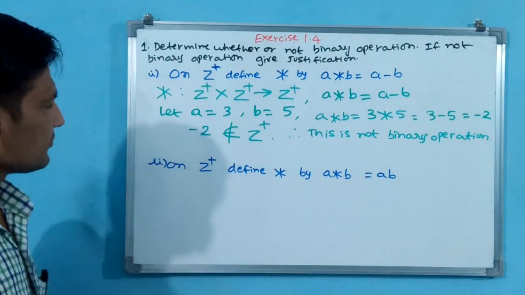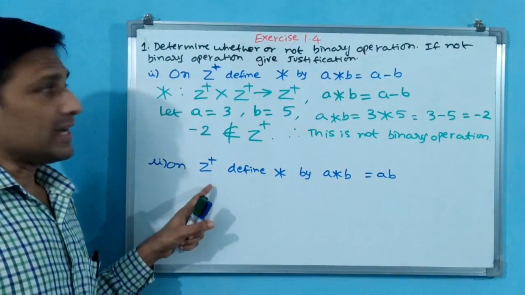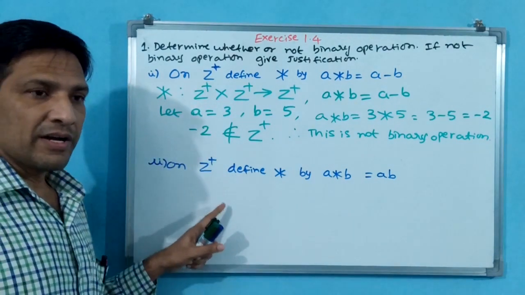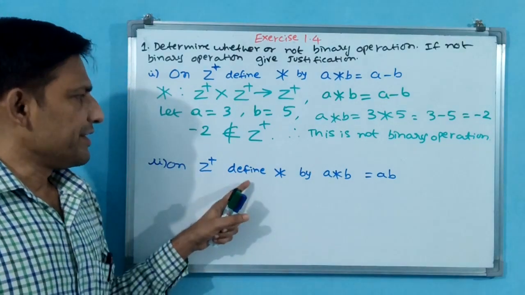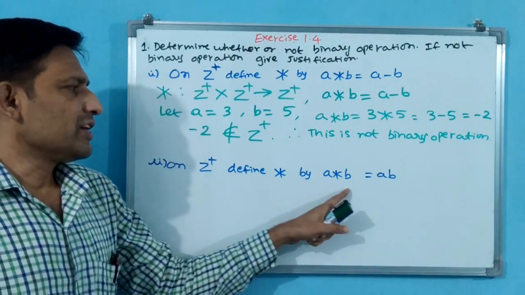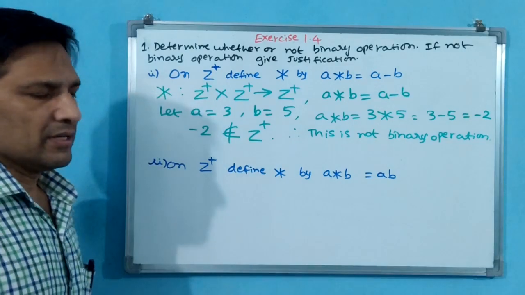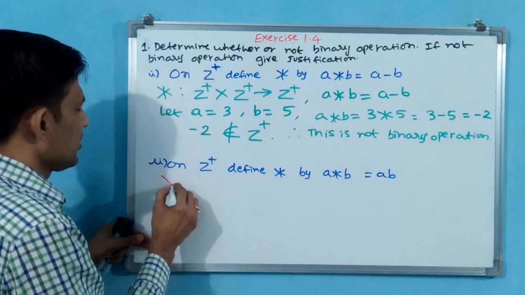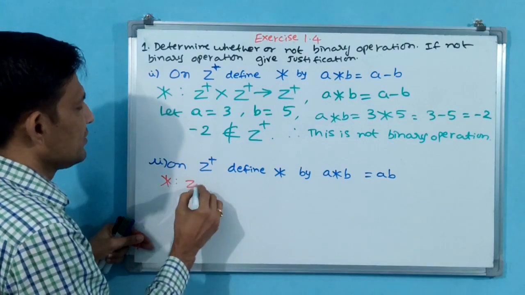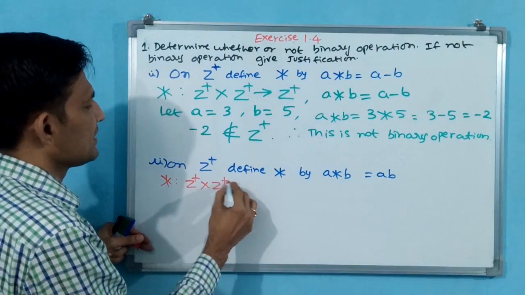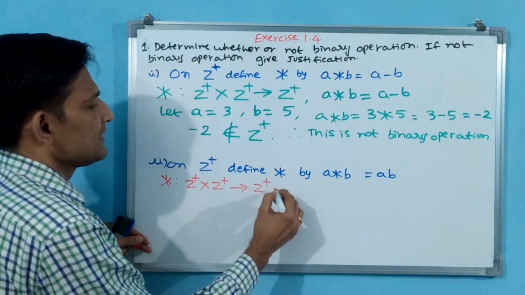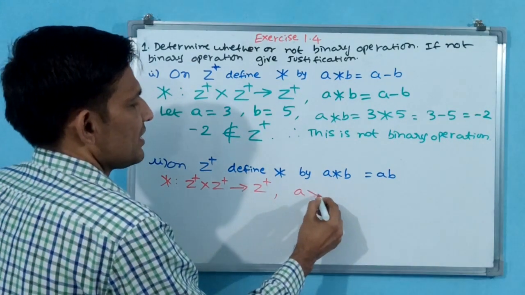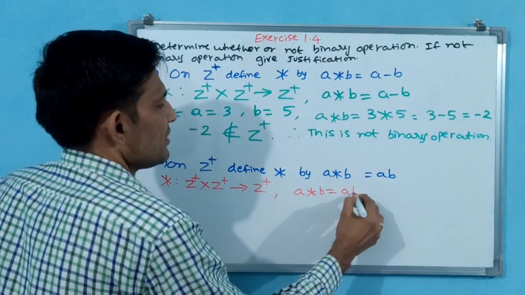Second question. On Z plus, again Z plus only here also, non-negative integers. Define star by A star B is equal to AB. Now you write here again like this: star colon Z plus cross Z plus to Z plus, A star B is equal to AB.